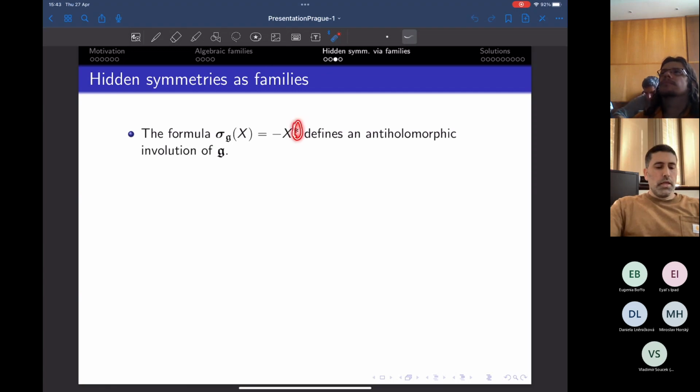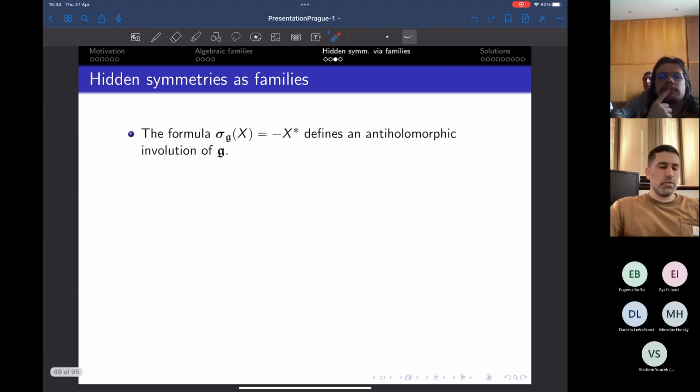And I can use the adjoint or the negative of the adjoint. The family that we just defined a minute ago is stable under this map. And in fact, it defines an anti-holomorphic involution of G, something like a complex conjugation.